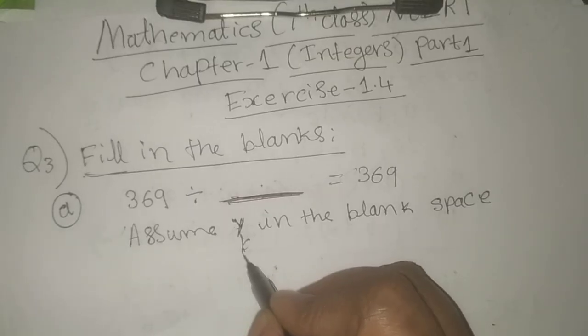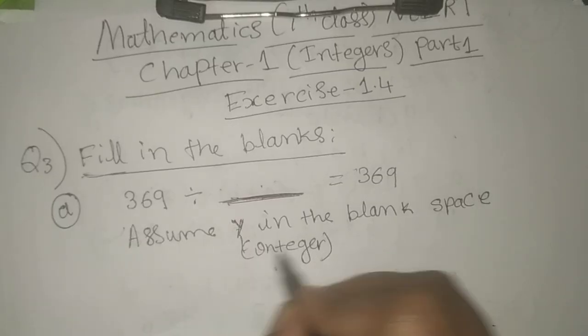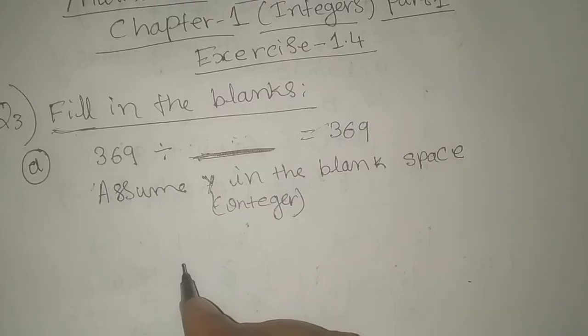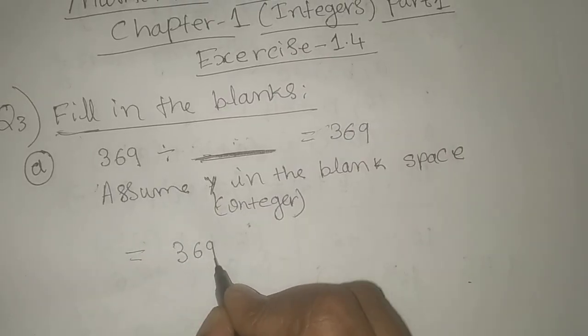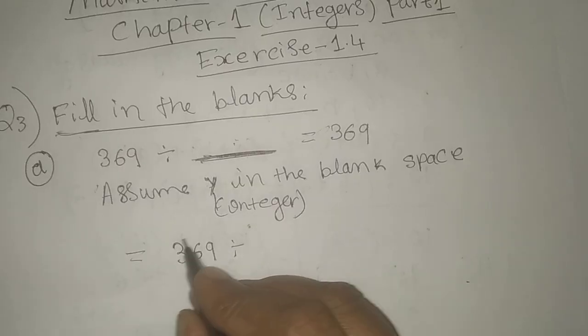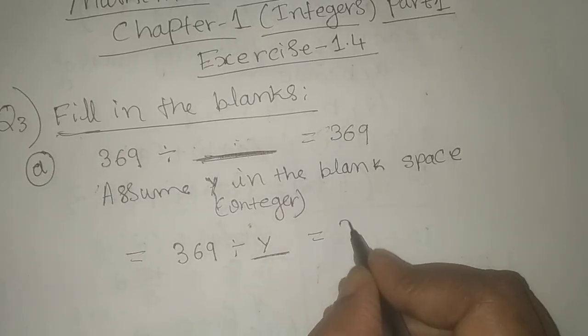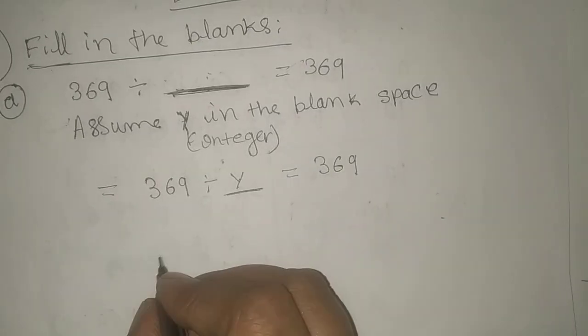Y can also be considered as an integer in this blank. Now substitute here: 369 divided by y in the blank space is equal to 369.